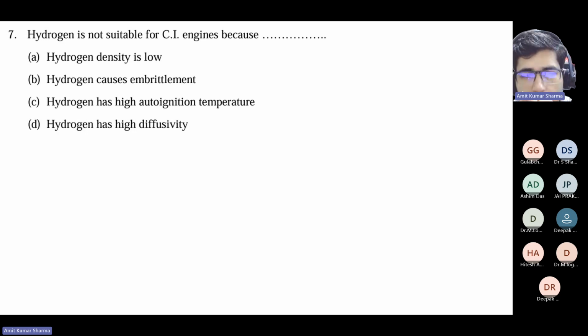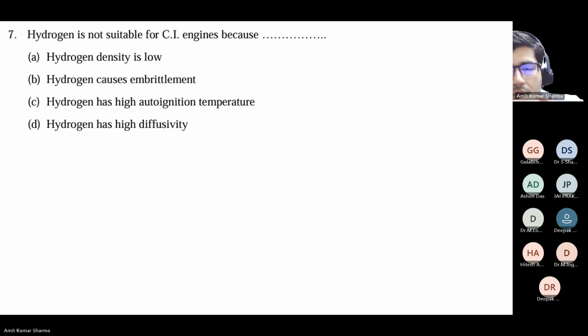That will require a huge cost, and also the size will vary. Also, for the other components, the pressure ratio is limited. In that limited pressure ratio, we cannot achieve the temperature that is sufficient for hydrogen burning. Due to that, hydrogen is not suitable for CI engines. So the correct option is that hydrogen has a high auto-ignition temperature.